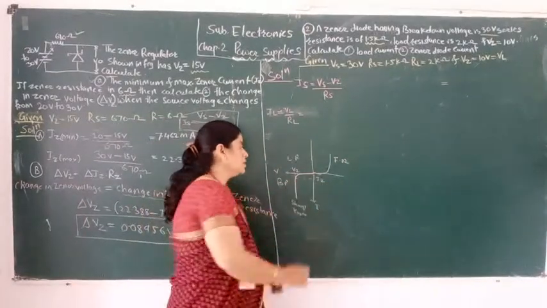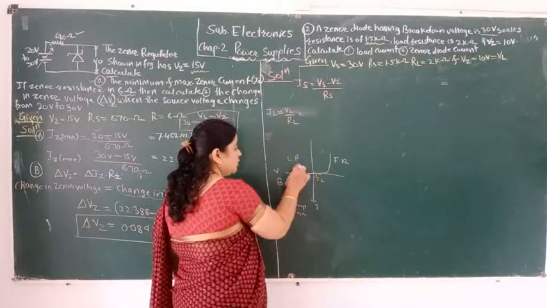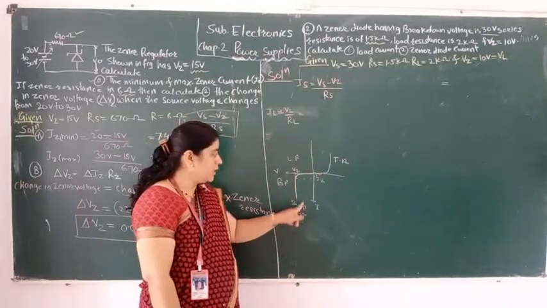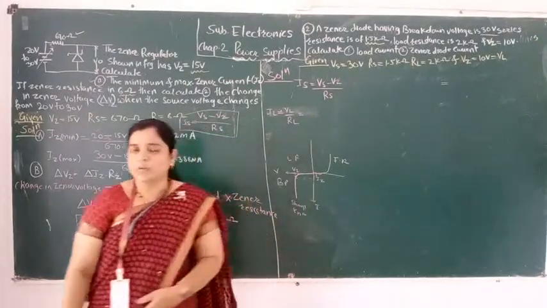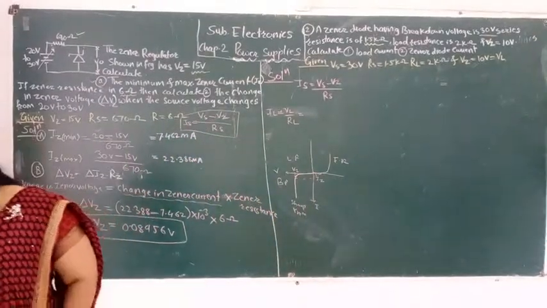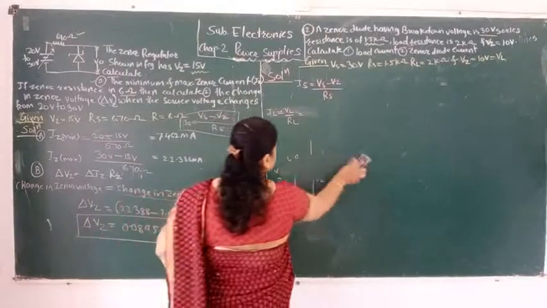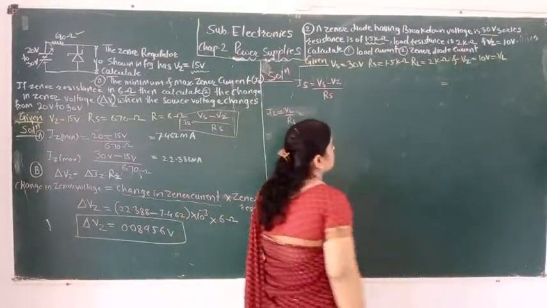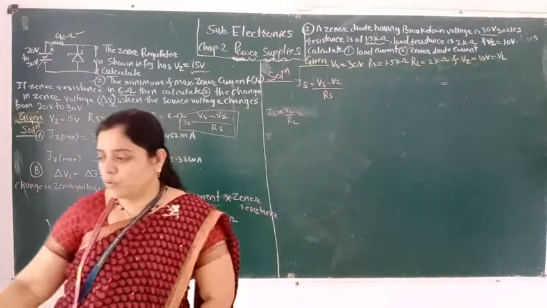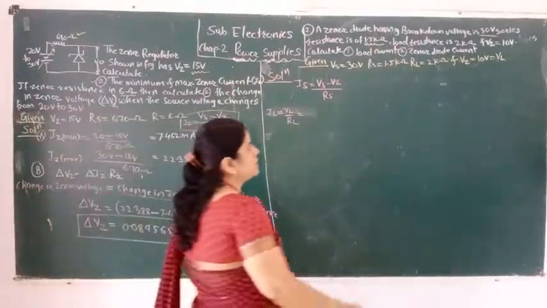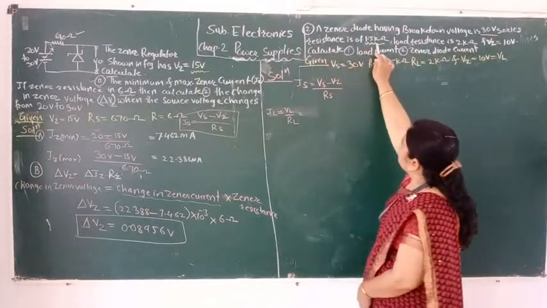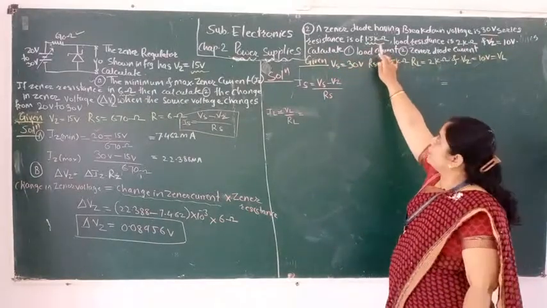From 0 to the breakdown voltage there is leakage current. So this diode works in the breakdown region. What is given here? The breakdown voltage is 30 volt. The series resistance is 1.5 kilo ohm.